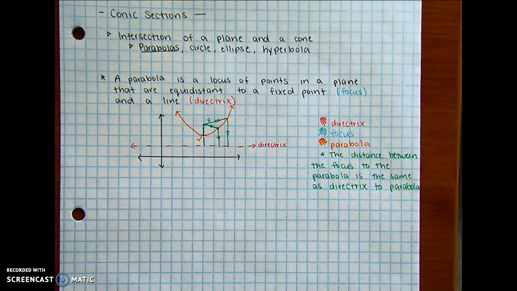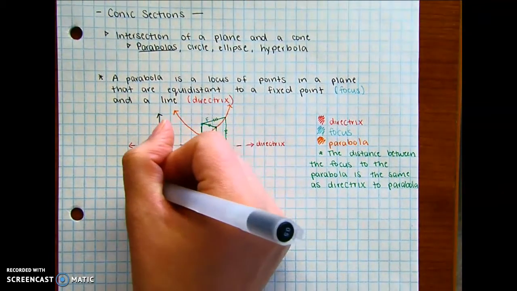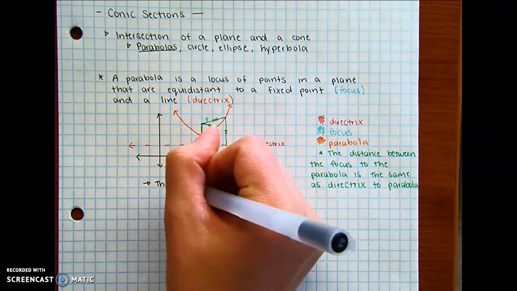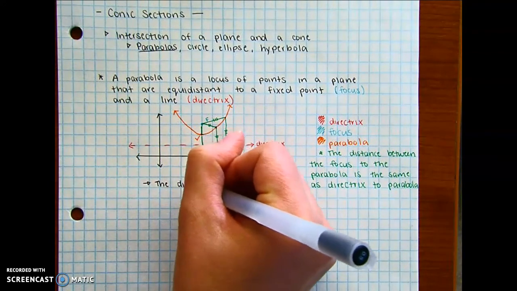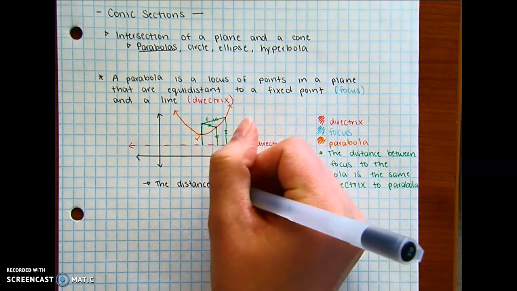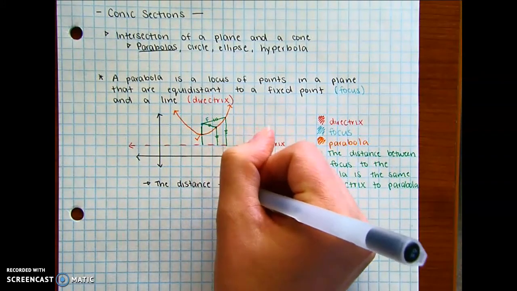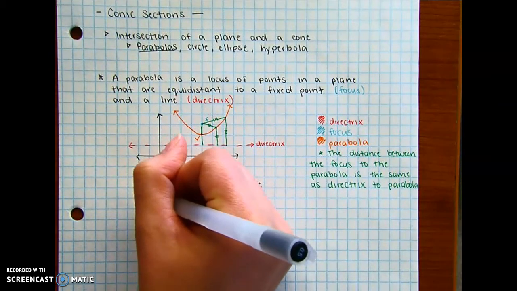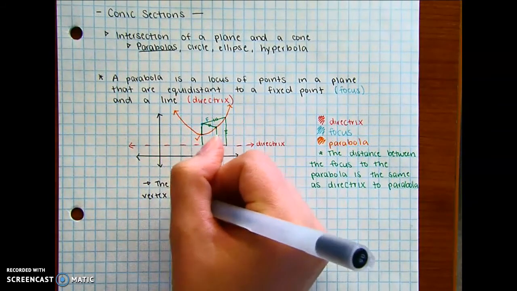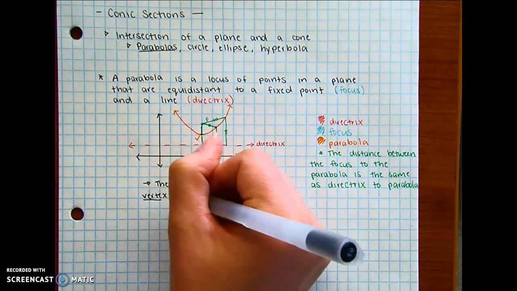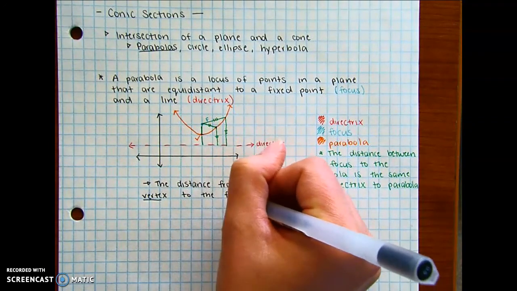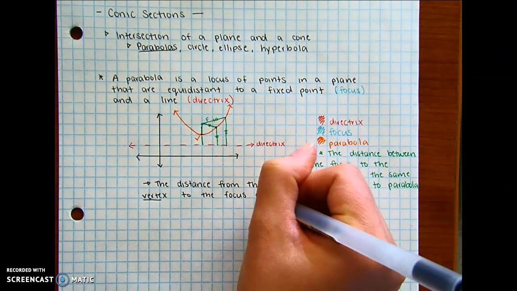Now, another value that we should talk about is going to be the p-value, and that is the distance from the vertex to the focus and directrix.